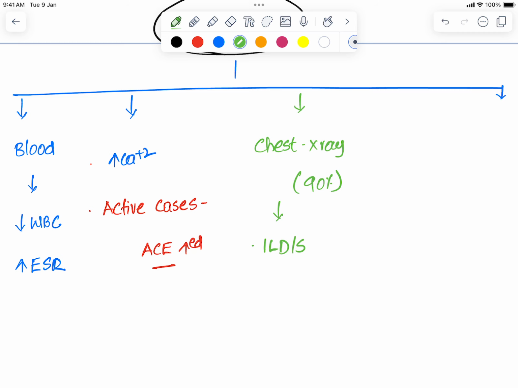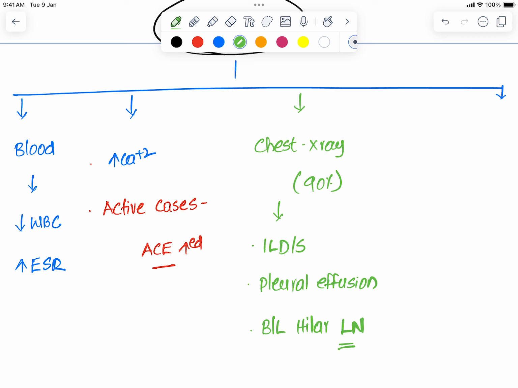And then pleural effusion. But this pleural effusion is the rare manifestation. Then the hallmark feature will be bilateral hilar lymphadenopathy, right? So that will be the hallmark feature in the chest X-ray. I'll show you the chest X-ray as well.